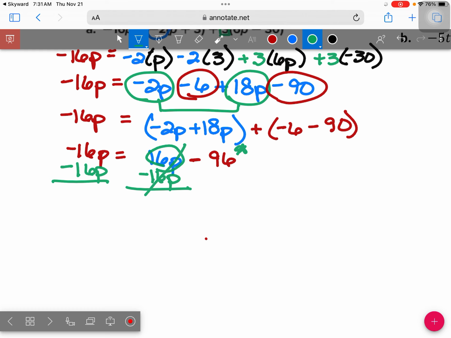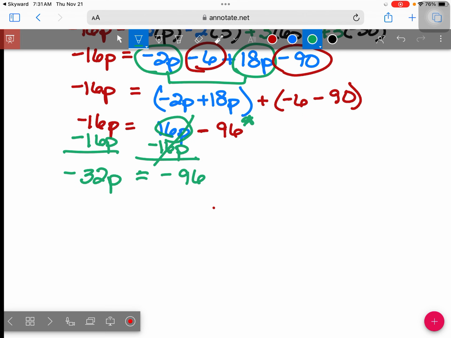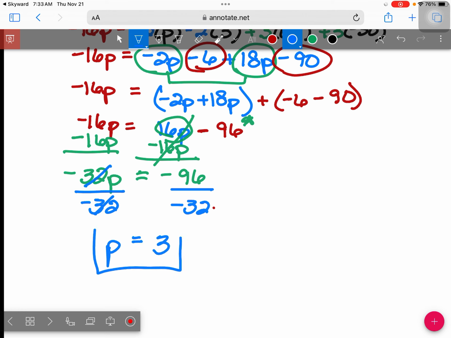Over here, these are going to cancel out. And negative 16p minus 16p is going to be negative 32p. That is equal to negative 96. I am solving for p. We are multiplying between those two, so divide by negative 32, divide by negative 32, and I get p is equal to positive 3.